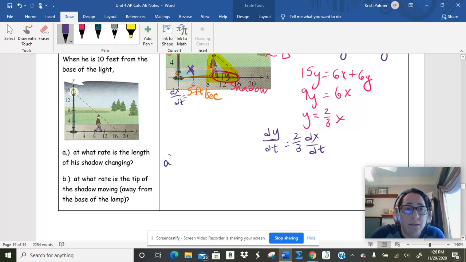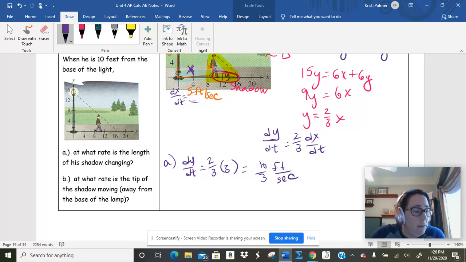Part A says, at what rate is the length of his shadow changing? So we're looking for dy/dt, and I know that dx/dt is 5. And y would be in feet per second. B says, at what rate is the tip of his shadow moving away from the base of the lamp?